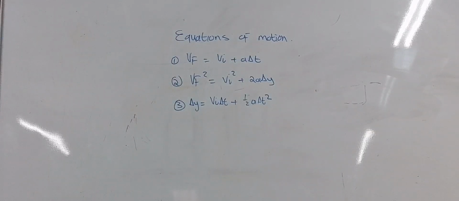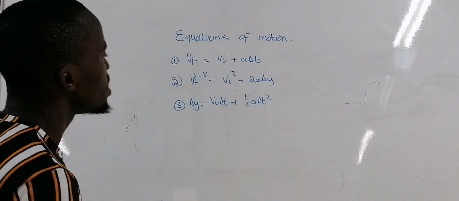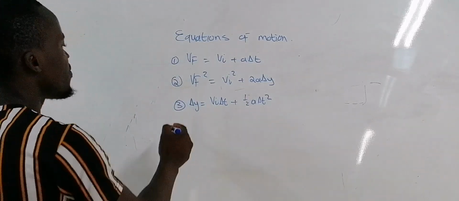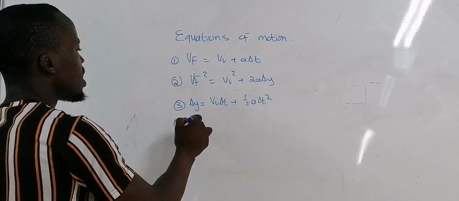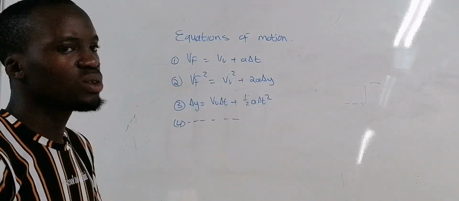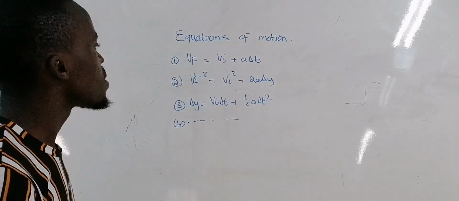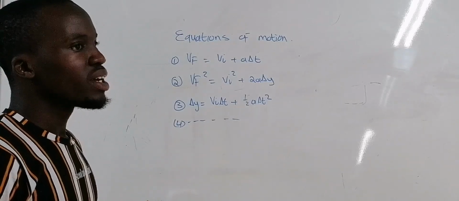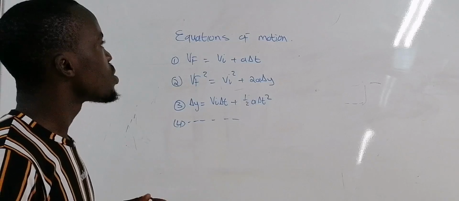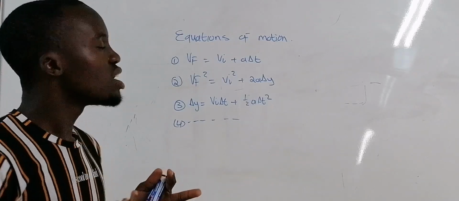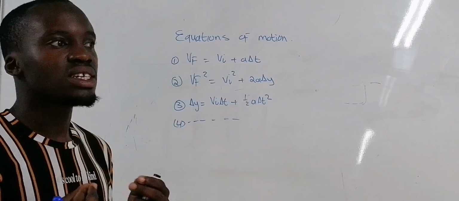Here are the equations of motion. Remember, as we're interpreting those diagrams, these are the formulas that you can use. There's that fourth one. If you want to use it, you can, but I don't use that one because it doesn't have acceleration, and we know that a vertical projectile is an object upon which the only force acting is the force of gravity.